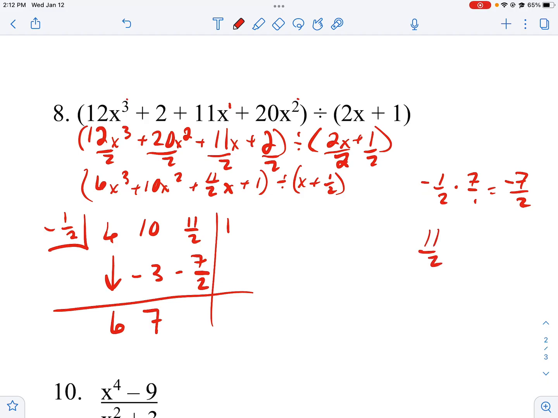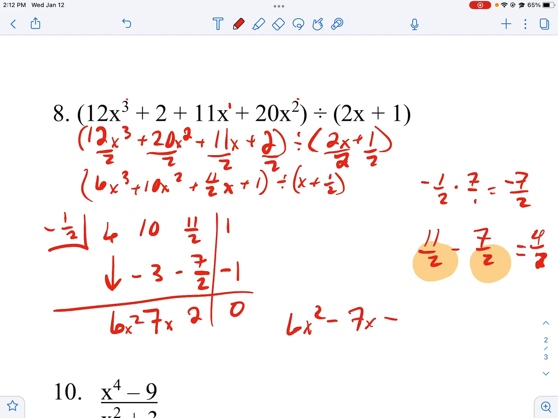So if we have 11 over 2 minus 7 over 2, they both have to be over 2, and these are. So all we do is the tops. 11 minus 7 is 4 over 2. 4 divided by 2 is actually 2. Negative times a positive is a negative. 1/2 of 2 is 1. Goes 0. That's my x. That's my x squared. So 6x squared plus 7x plus 2.